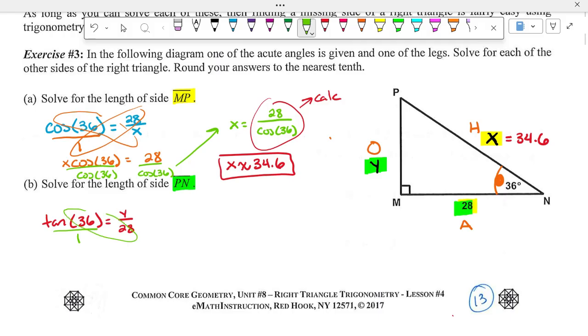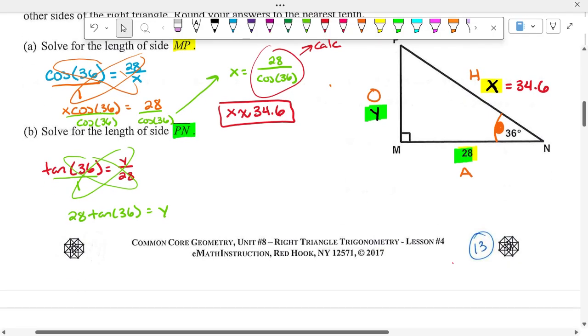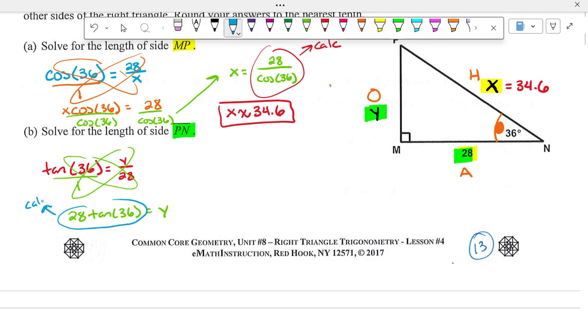Cross multiply. So I have 28 times tangent of 36 is equal to y. Now, since the y is already by itself, I just got to put this in my calculator. So you can literally type that in your calculator as you see it.